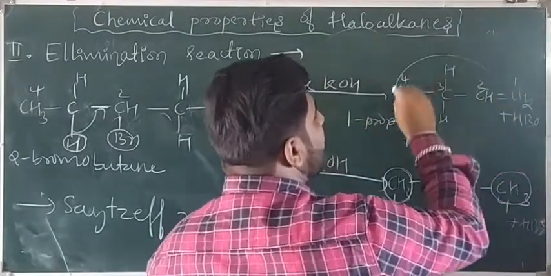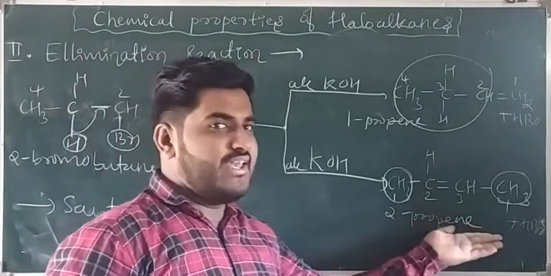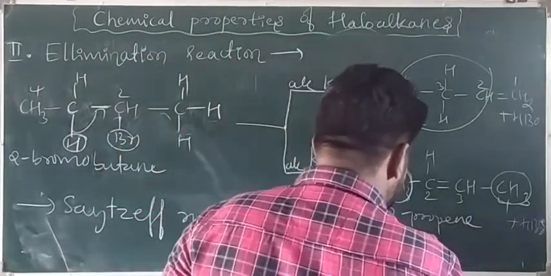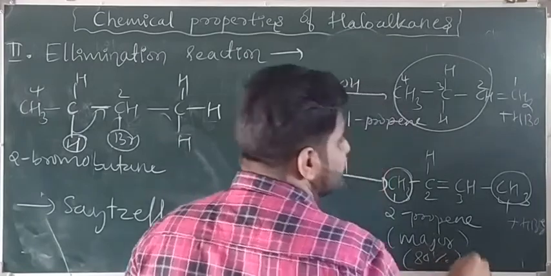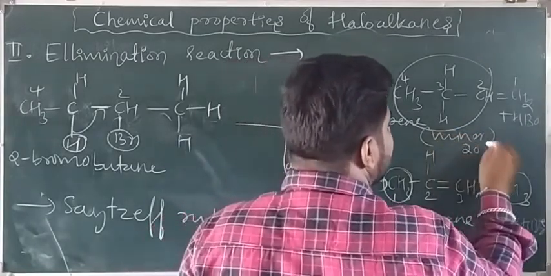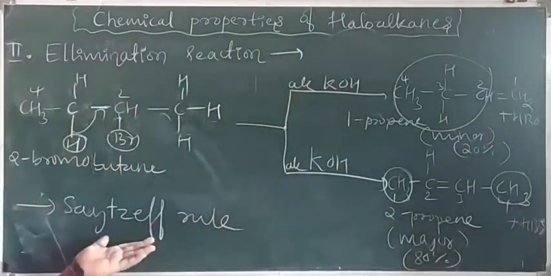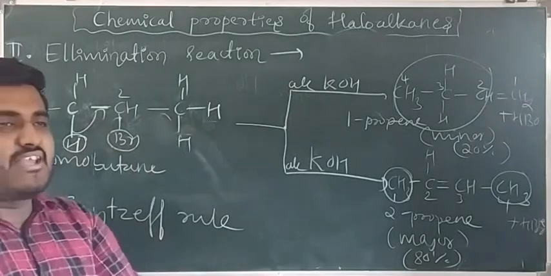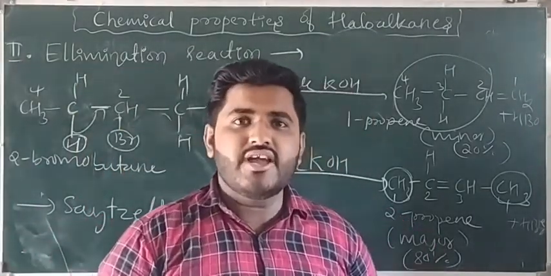Here on the double bond, only one substitution. Therefore the major product here is this one. This one is the major product, 80% of the product is obtained like this. And this is the minor product, the smaller one, only 20% is obtained like this. So this is concluded by Saytzeff's rule, and this is regarding the elimination reaction. I hope you understood the elimination reaction.